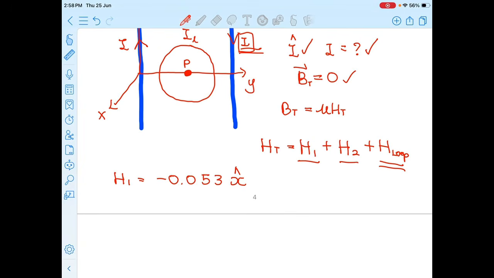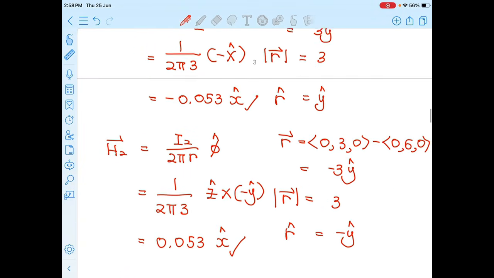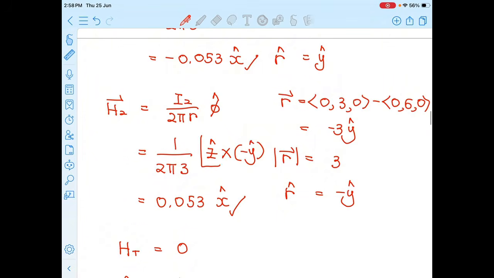So for the H2, what you need to modify is over here. The value of the magnetic field for the I2 at the same position P will still be the same 0.053, but because we change the direction of our current, it is not z anymore, it is negative z.